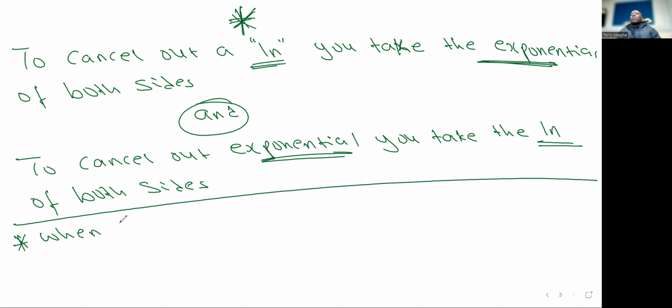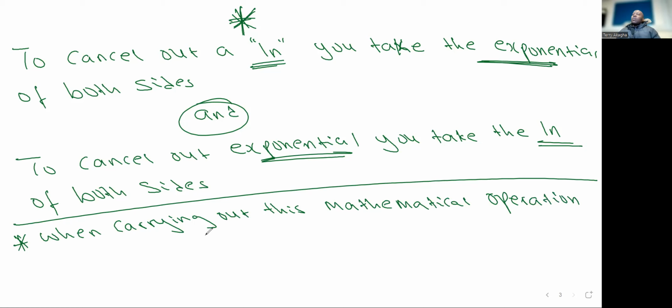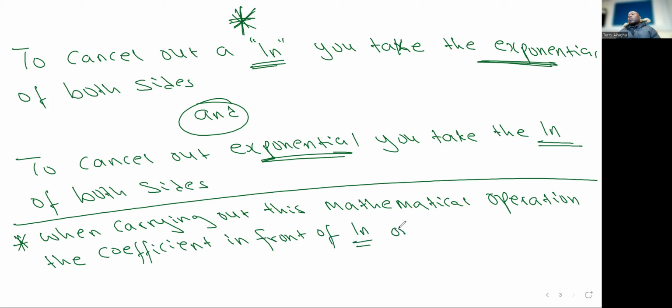So when carrying out this mathematical operation, the constants, or let's say the coefficients, in front of ln or exponents should be 1.